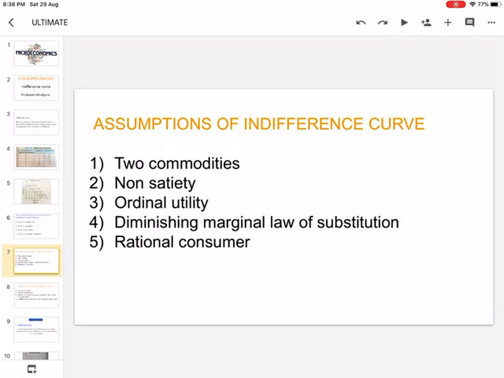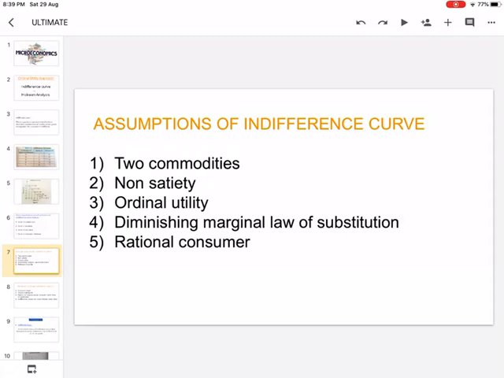Marginal rate of substitution simply means the rate at which the consumer is ready to sacrifice one commodity, say in our case bananas, in order to consume an extra unit of another commodity. In our example, say it is apples, so that the utility level, or let's say the satisfaction level, remains unchanged.